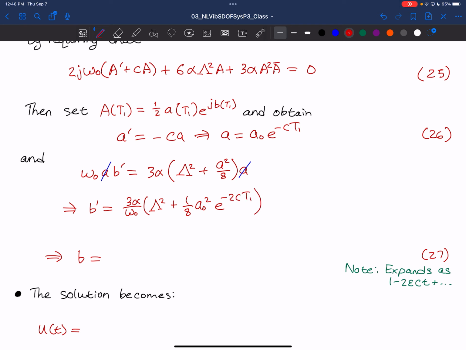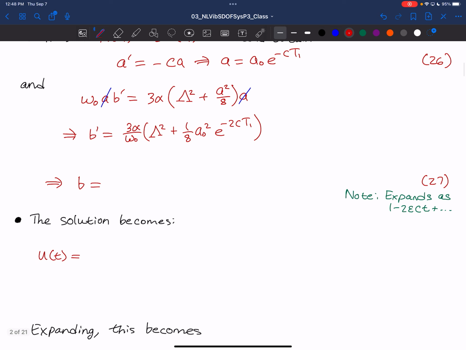And we can close the parentheses there. From here, we can then solve for b, and b will be some b0 plus 3 alpha over omega 0 times lambda squared t1 plus 3 alpha divided by 16c omega 0 times a0 squared times e to the minus 2c t1.